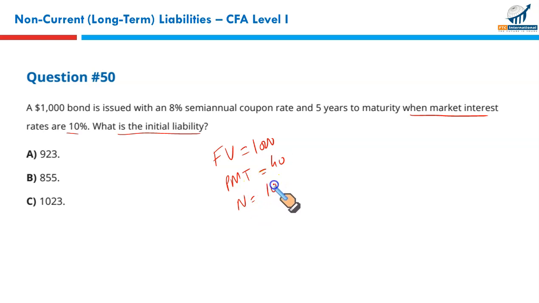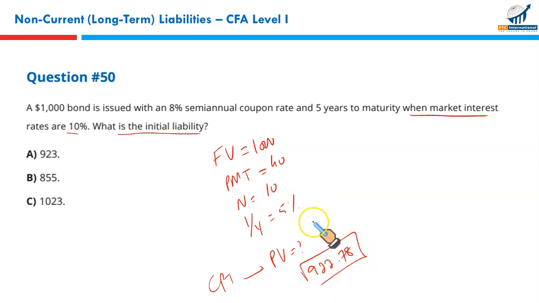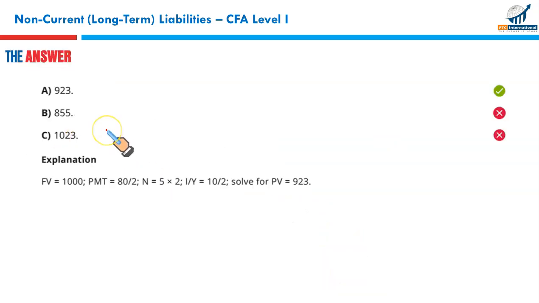Periods, 5 times 2, 10 periods. Interest rate per period, 10 by 2, 5%. Plugging all these numbers to calculate PV, press CPT, PV in your financial calculator. You will calculate 922.78 as the present value of the bond to be recorded on the balance sheet. That is approximately A, and that makes A the correct option.